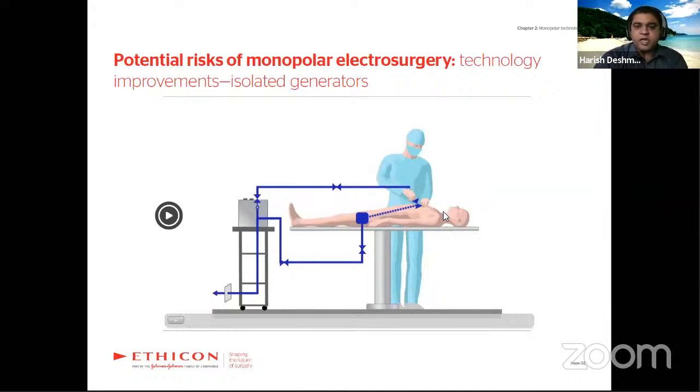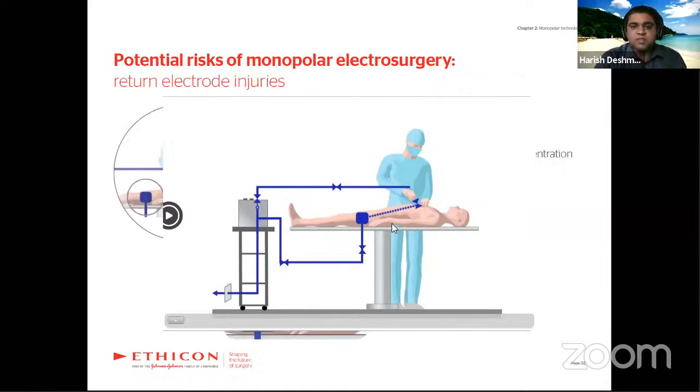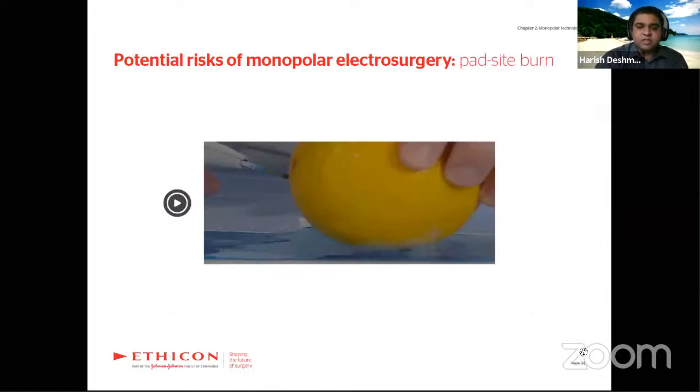So in case you are doing a thyroid or a breast case, it should be on the back of the patient. If you keep it on the thigh or the buttock, there is a high chance that current may find an alternate way to move. As mentioned in physics, alternating current can go through a place of least resistance. So during this flow from here to here, if it finds some other place where it can go, it will go.